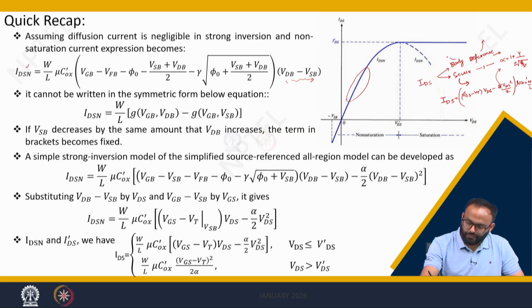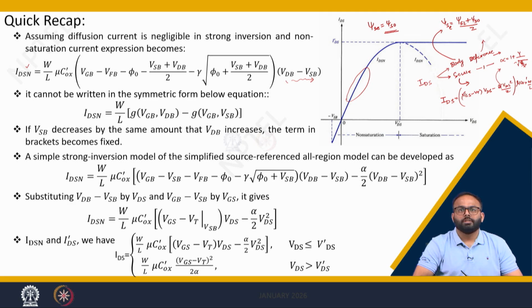For the body reference model, the expansion point is psi SL plus psi S0 divided by 2, whereas for source reference, the expansion point is psi S0, meaning the potential near the source.